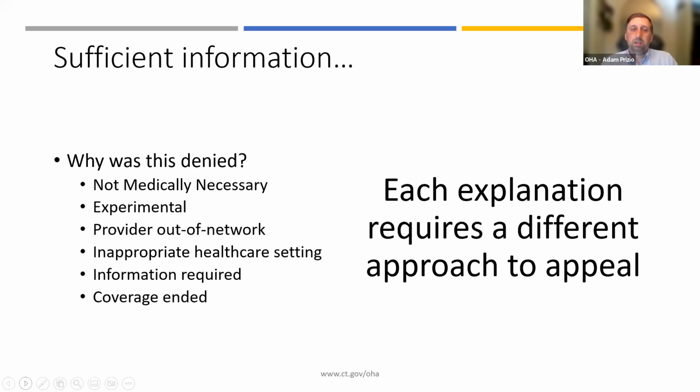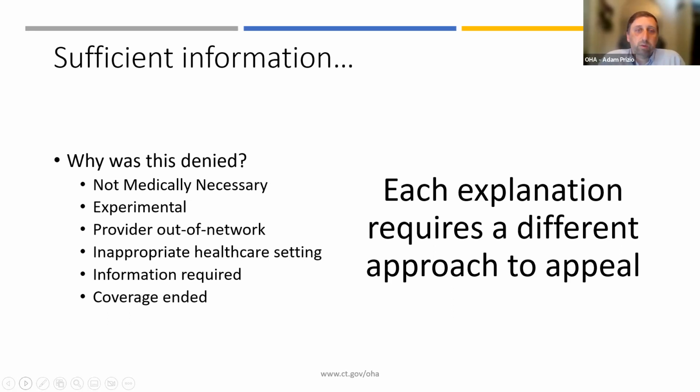And sometimes those clinical criteria are incorrect. Sometimes they are in need of updating. Sometimes we're able to argue that they don't include the totality of the circumstances, or that the person reviewing the claim simply missed in the records that, in fact, your blood pressure was this, or whatever the case may be. So we can approach those appeals by looking at the clinical criteria and connecting the dots between the criteria and the person's medical record.